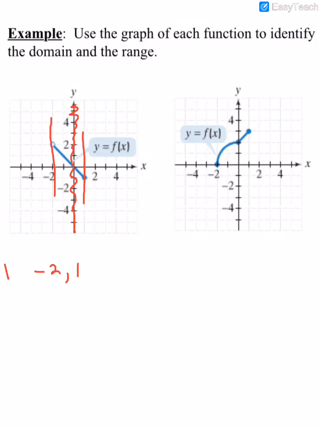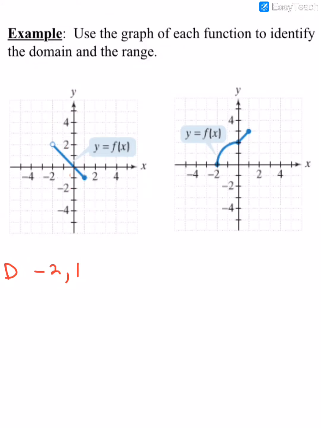is my domain. Okay, and remember whenever we're doing our intervals, we have to determine if that number is included or not. So let's look at those particular points. Okay, so on the graph right here where it goes to -2, on -2, I have an open circle.